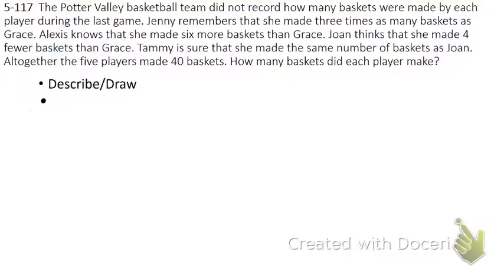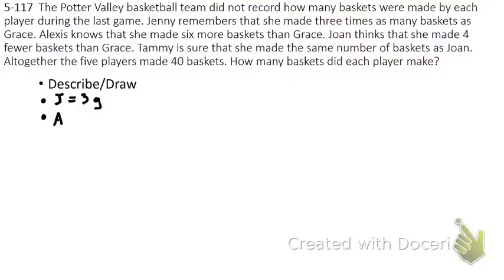Now I'm just going to shorten everything. So Jenny remembers that she made 3 times as many baskets as Grace. So Jenny did 3 times as many as Grace. This is just my way of kind of shortening down all of the information. If you're writing out complete sentences, awesome. Great job. You are writing it in a way that everyone can understand it.